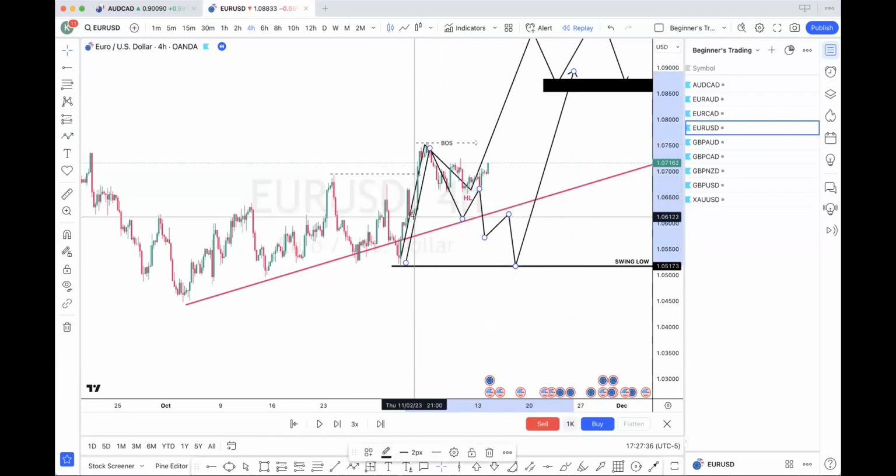So whenever you get a break of structure, you have to remember this is a minor or internal break of structure. Am I making sense to everybody? That makes sense. So until it breaks through that swing low, it'll be a bullish market. So yeah, it will still be bullish.